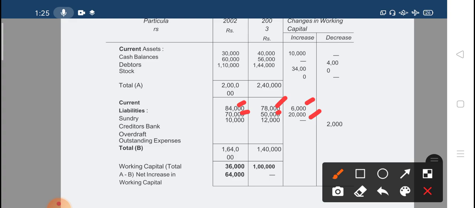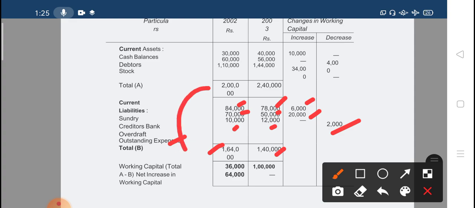Then outstanding expenses 10,000, 12,000. Here it's showing a 2,000 increase, but since it is a current liability, it has to be written as a decrease in current liability. So in the decrease column 2,000 rupees is taken. Then total current liability will be 1,64,000 and 1,40,000.